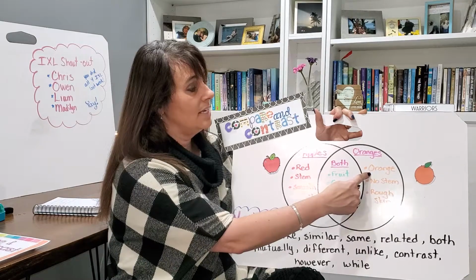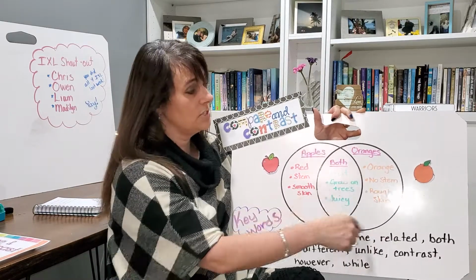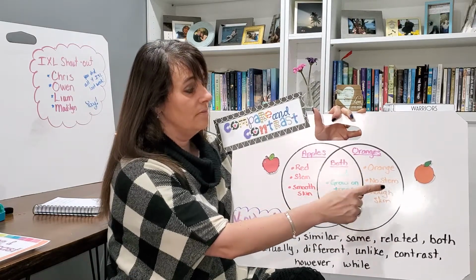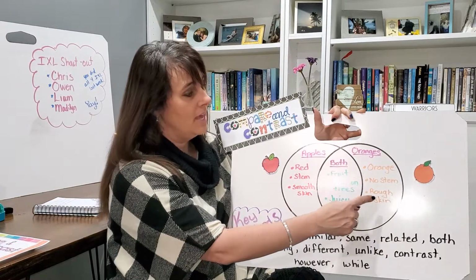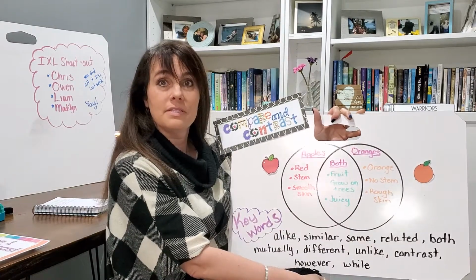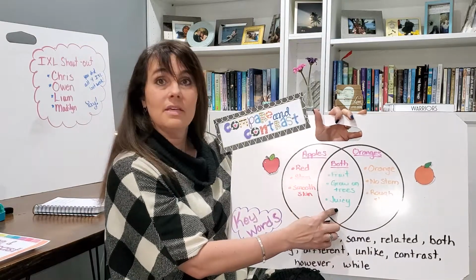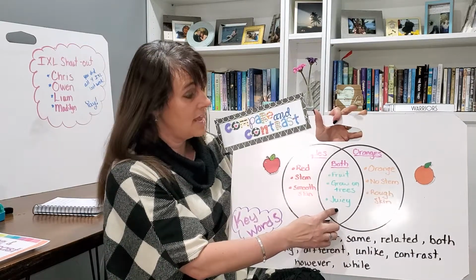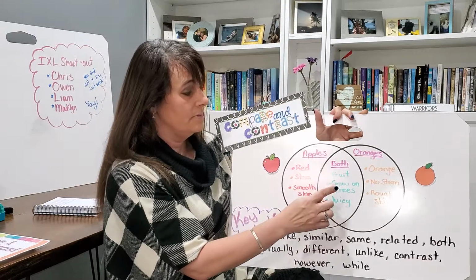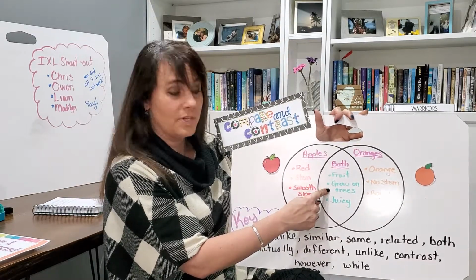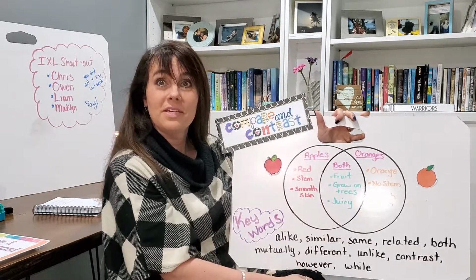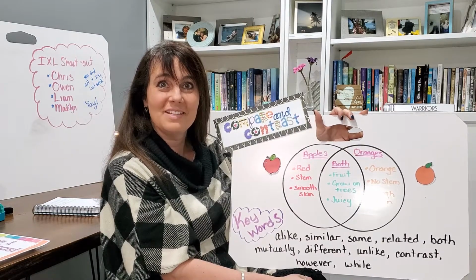On the other side, in the oranges circle, oranges are orange, they have no stem, and they have a rough skin. But if I look in the middle, these are the qualities that they both have that are the same. They're both fruits, they both grow on trees, and they're both juicy. Those are the things that they have in common.